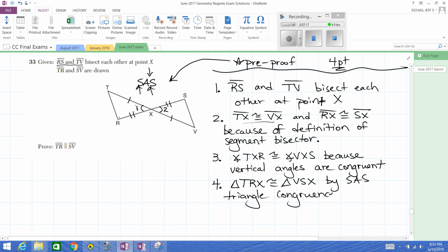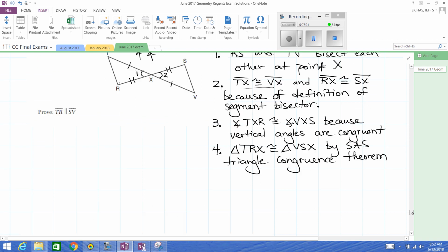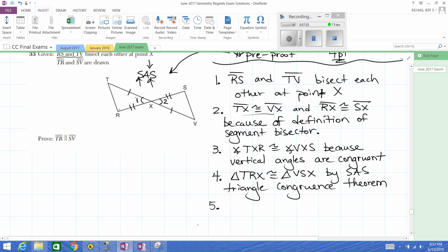There's two more steps, at least. Here's what I'm seeing now. Step 5, I would take the congruent triangles and get a pair of corresponding angles congruent. Now, angle T and angle V are congruent, and I only need to use those as one letter because there's no other angle we could be talking about. So angle T is congruent to angle V.